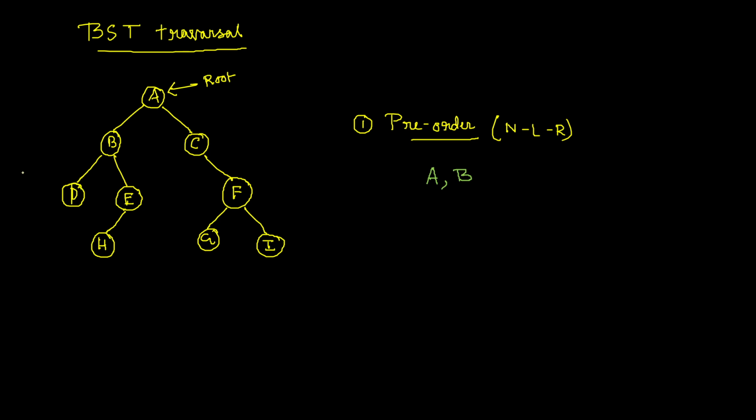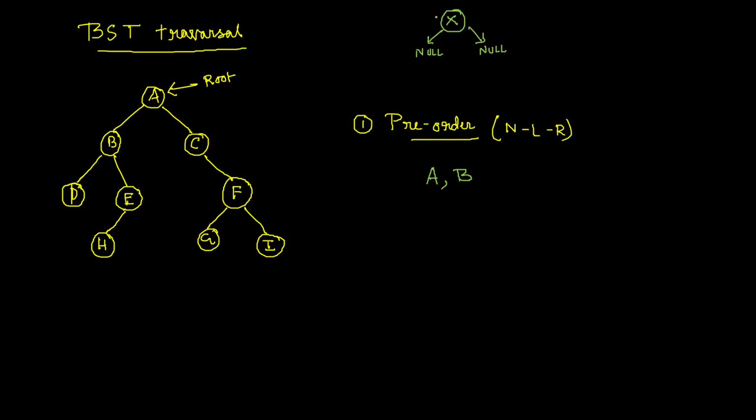So after printing B, I came here and see that the left subtree contains only one node, that is, the root. That means this node contains no child. So if I assume that you have a node X which doesn't have any child, it's pointing to null and it's also pointing to null.